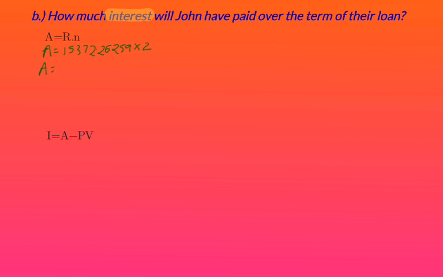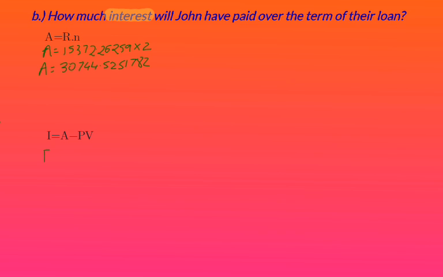So A equals 30,744.5251782. Now we need our interest, which is found by subtracting the present value from the total amount including the rate of interest.